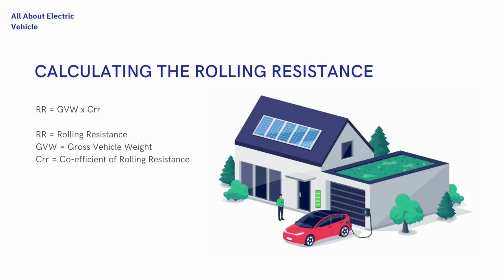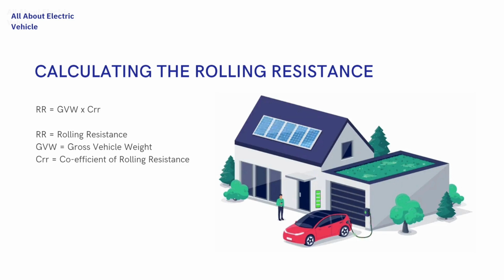The coefficient of rolling friction is a dimensionless value that represents the amount of friction between the tires and the road surface. This coefficient depends on various factors such as the tire material, tire pressure, and the roughness of the road surface.